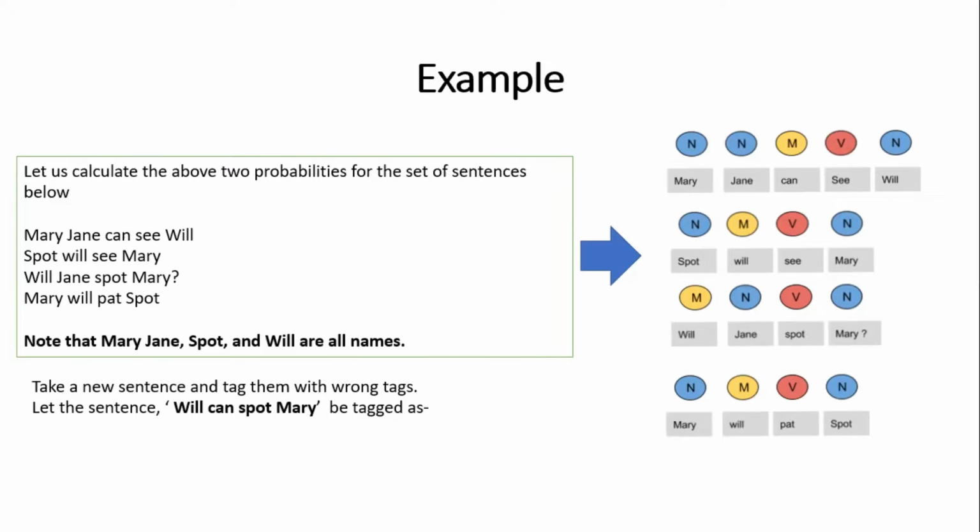Now let us move into our example. These are the set of sentences, and from this, first we need to assign tags for every word in the given sentence. How many sentences do we have? Total 4. First take Mary.